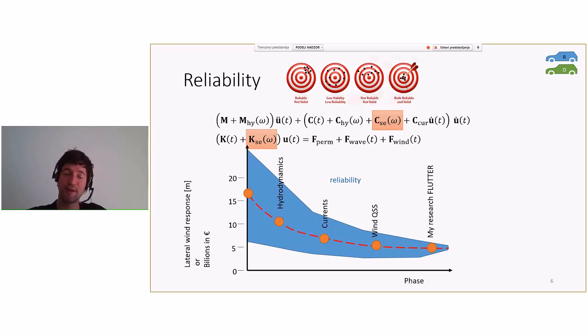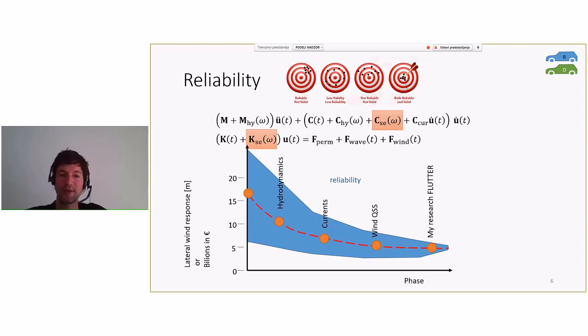Many groups have been involved in this work over the years. I've been privileged to work with one of those groups, and we slowly added, iteration per iteration, different effects, which started with hydrodynamics, which gradually increased the accuracy of our floating bridge simulations by mimicking the mass and the damping.